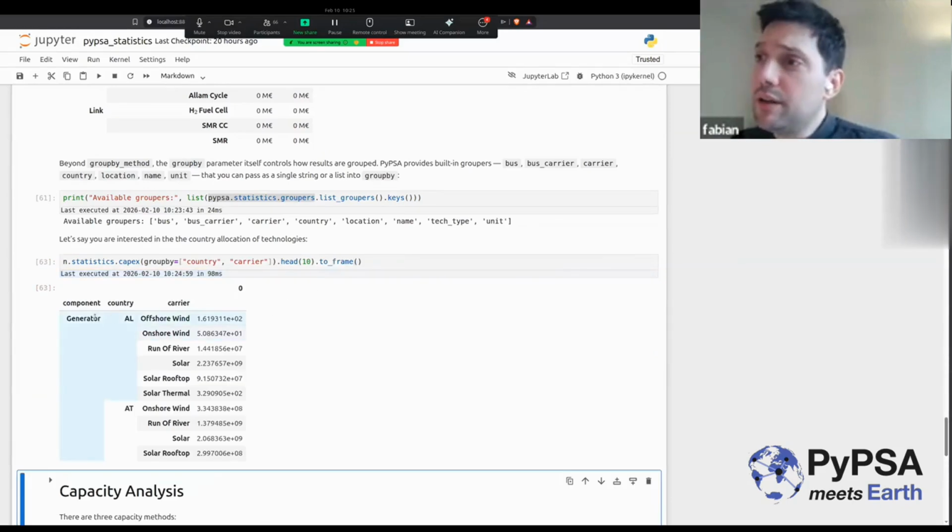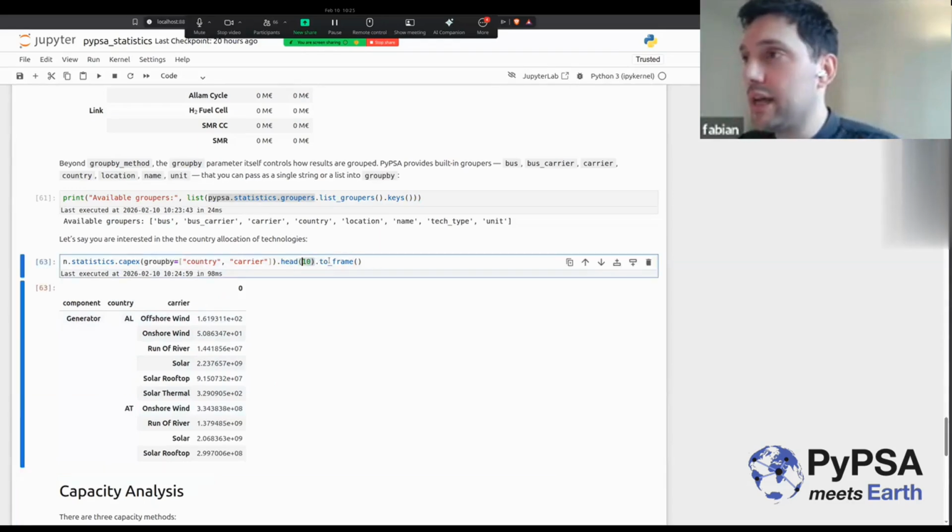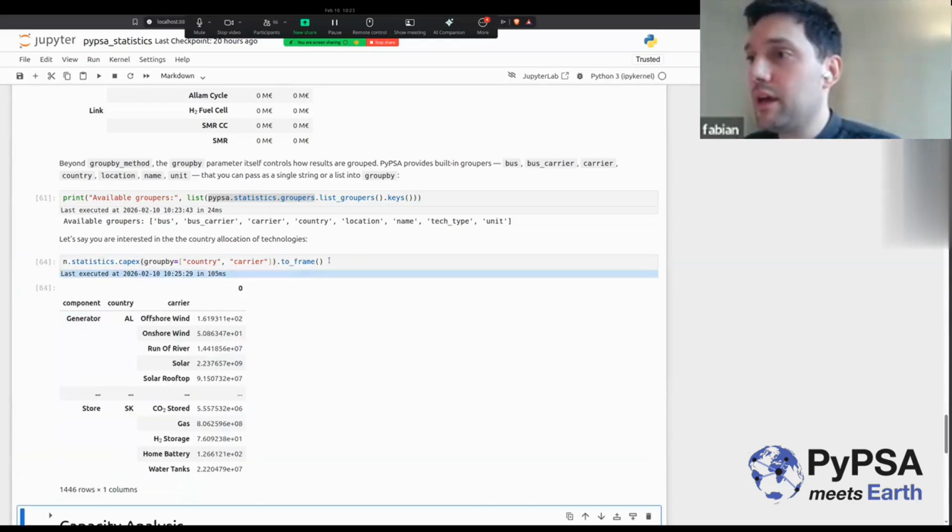We see now there is a level appended to this index, which is now indicating the country. So we still have the carrier as an index level, but the country is also now specified. This is nice. We can now see the offshore wind installation costs in Albania, for example. And this goes on and on and on. This is quite a large data frame.